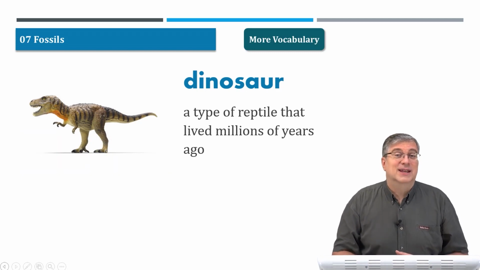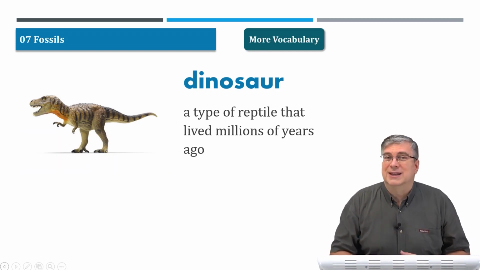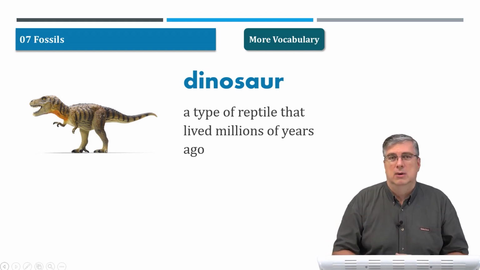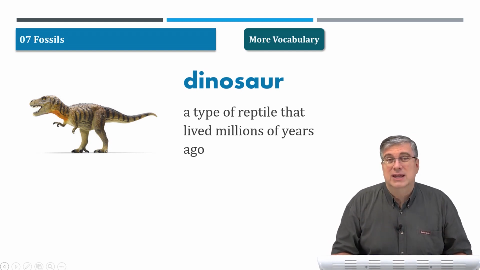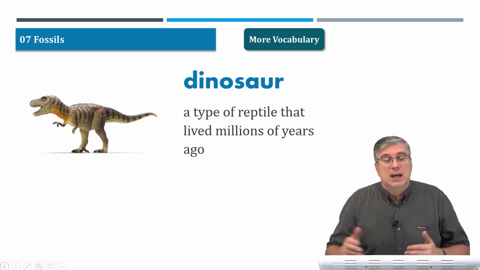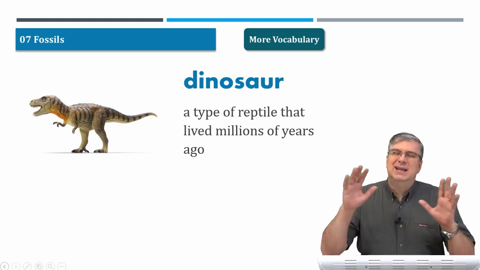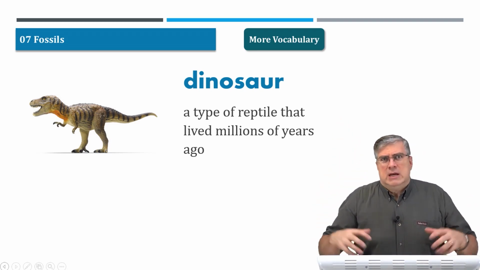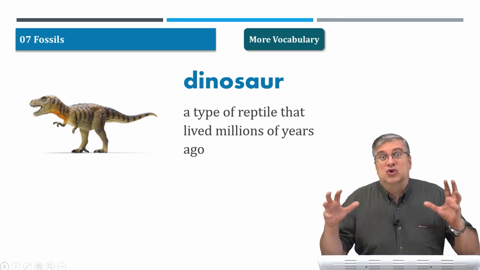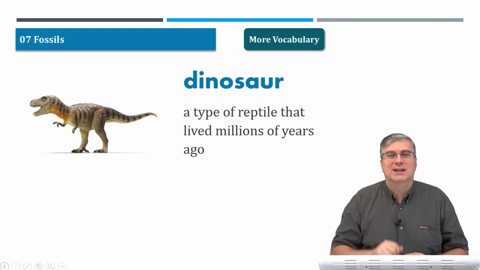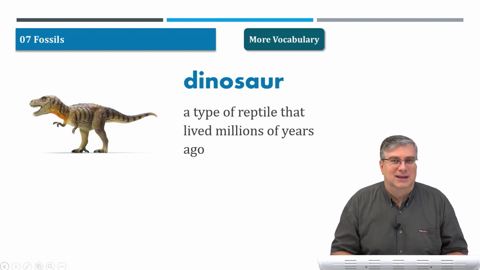Dinosaur. Now, like I said before, a lot of animals that lived on the earth have died out a long, long time ago. Dinosaurs lived on the earth 65 million years and earlier. There were many kinds of dinosaurs. Big dinosaurs, small dinosaurs, very ferocious, scary dinosaurs, and some small dinosaurs that were cute.